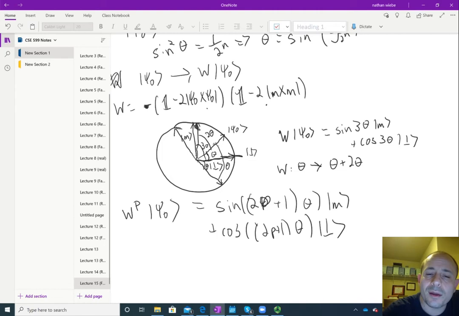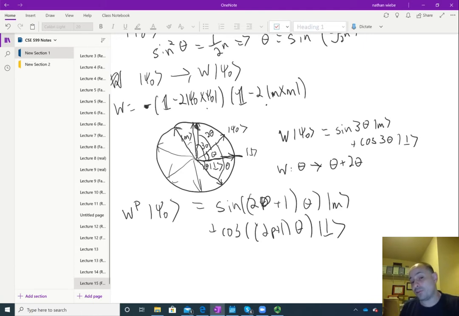But if we did one more, our probability of success would start going down. So if we continued this process, eventually this vector is going to start wrapping around the unit circle again and again. So how do you figure out what's the right value of P to pick?